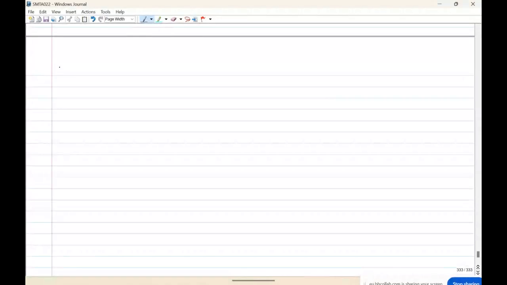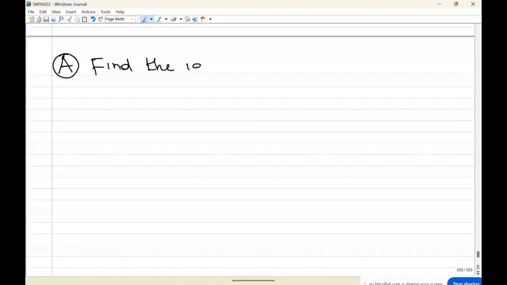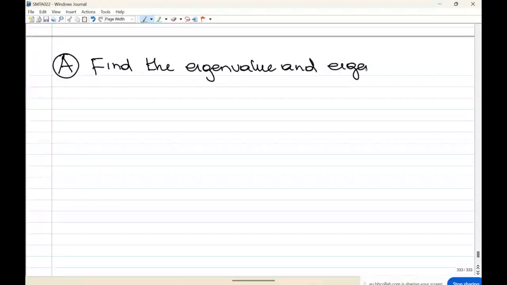Let me name this. Find the eigenvector and the eigenvalue.